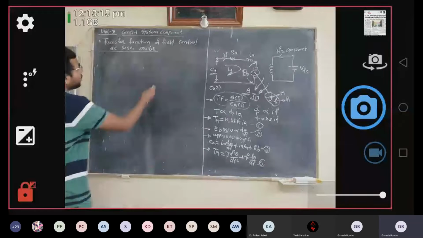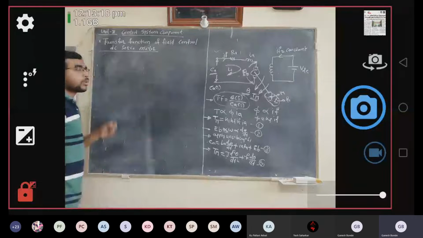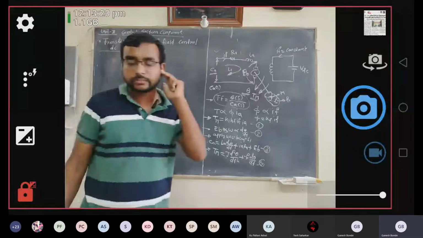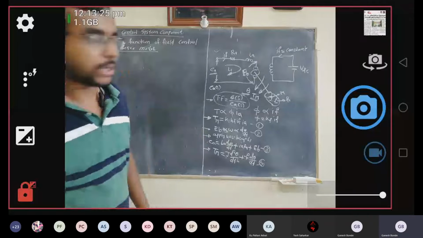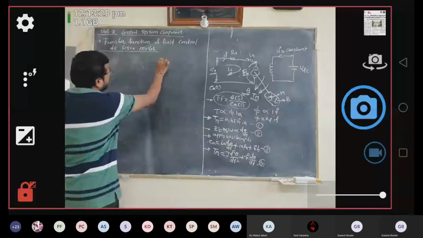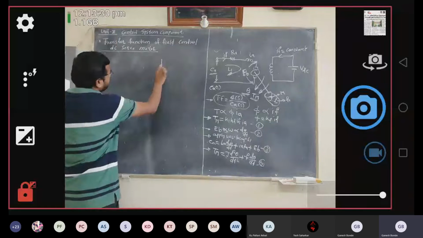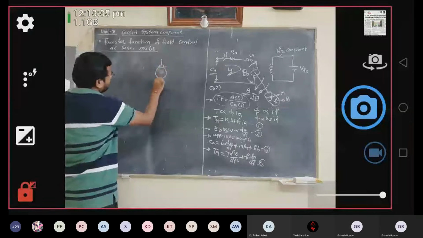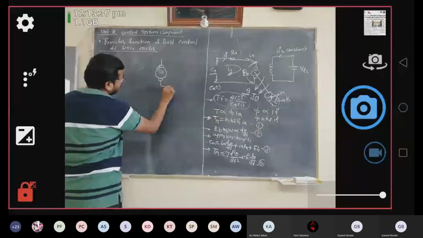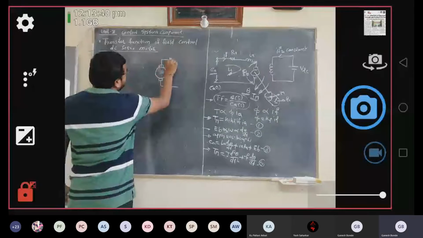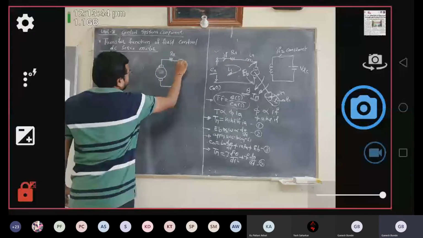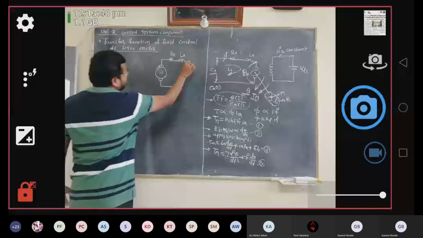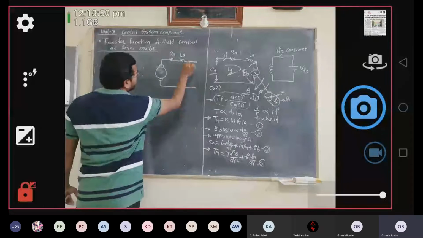During the field control DC servo motor, which quantity are we going to keep constant? That is the armature quantity. So just draw the armature circuit. This armature has resistance RA, inductance LA, and is supplied by a constant voltage source.